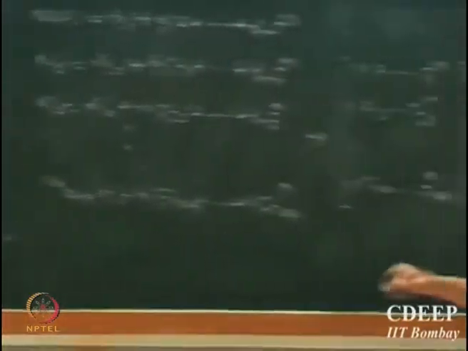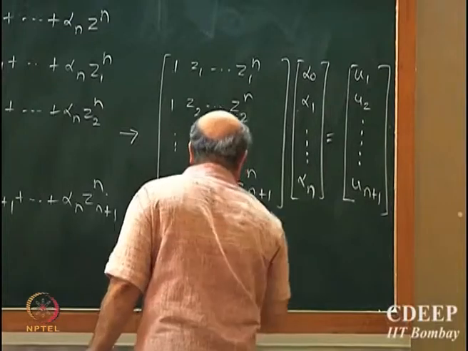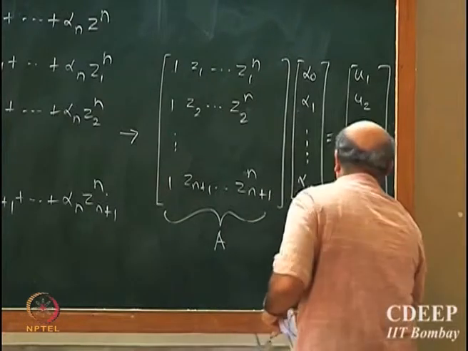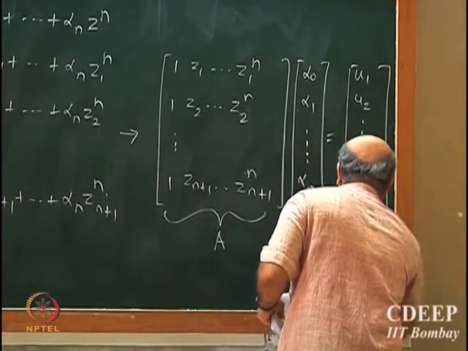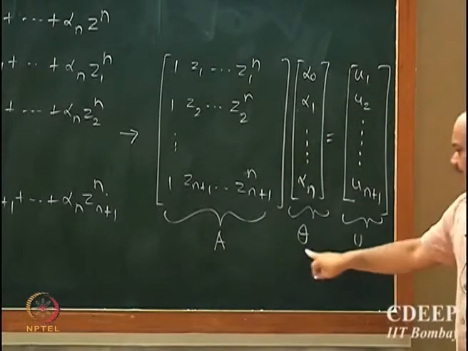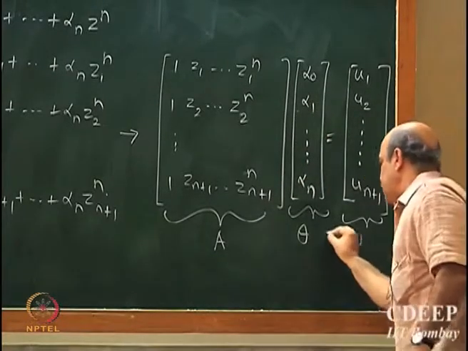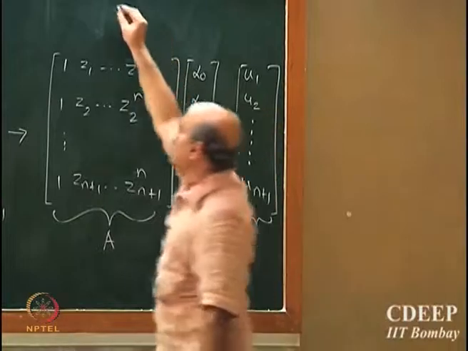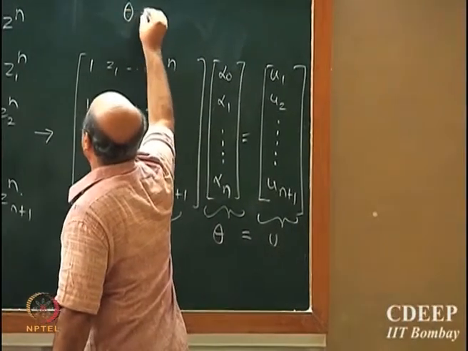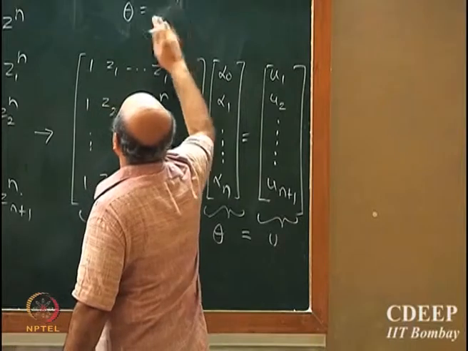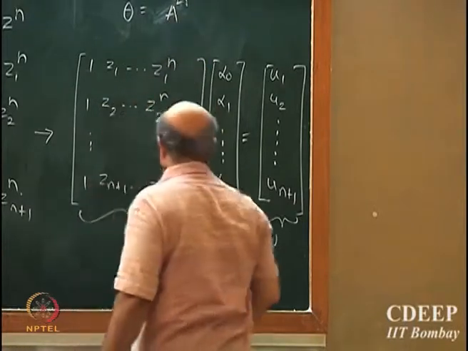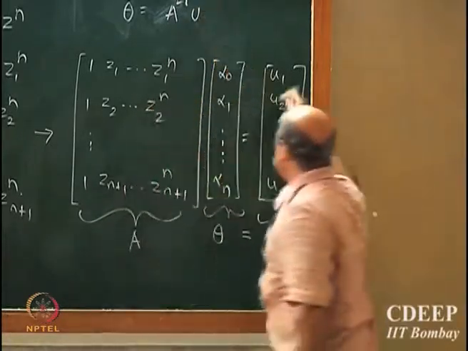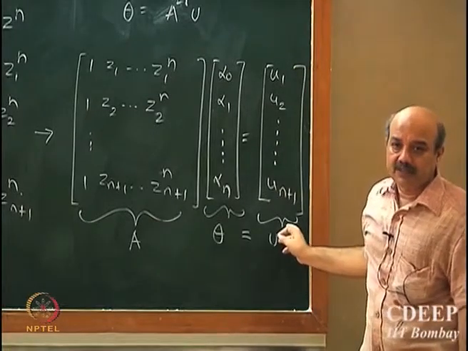But what I'm going to do here is, let's call this matrix the A matrix, this vector the theta vector, and this vector here capital U. So my equation is A theta equal to U. I'm going to transform this equation and write theta is equal to A inverse into capital U. Capital U is this vector u1 to un plus 1.